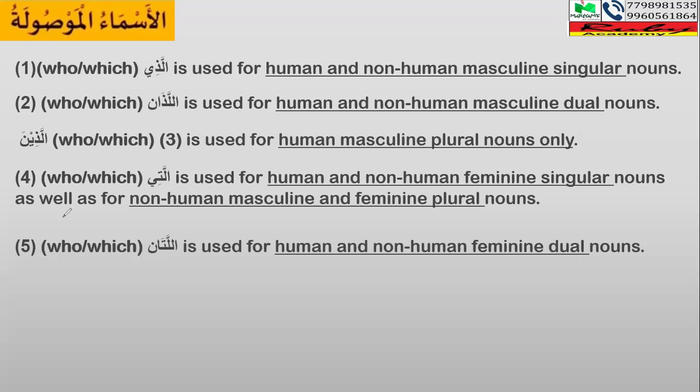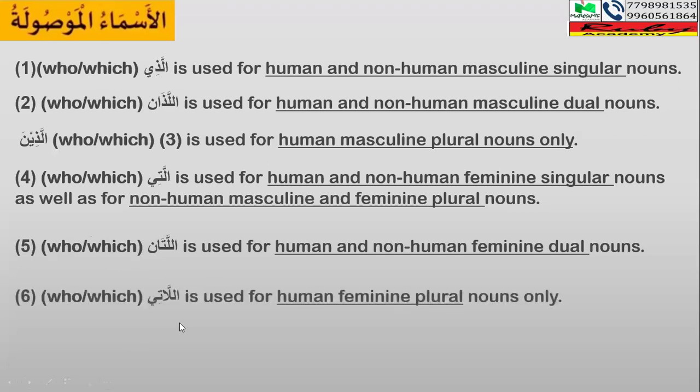So whenever you use non-human masculine or feminine plurals, you need to use these kinds of pronouns. Allatani is used for human and non-human feminine dual nouns. Allati or alla'i, I have mentioned here only one, just for understanding: allati or alla'i is used for human feminine plurals only.